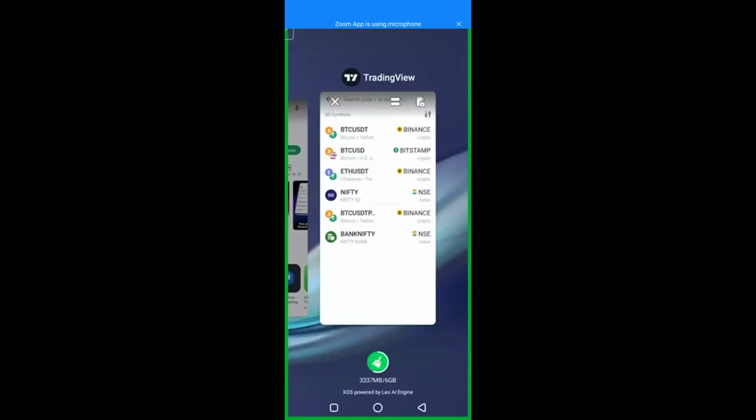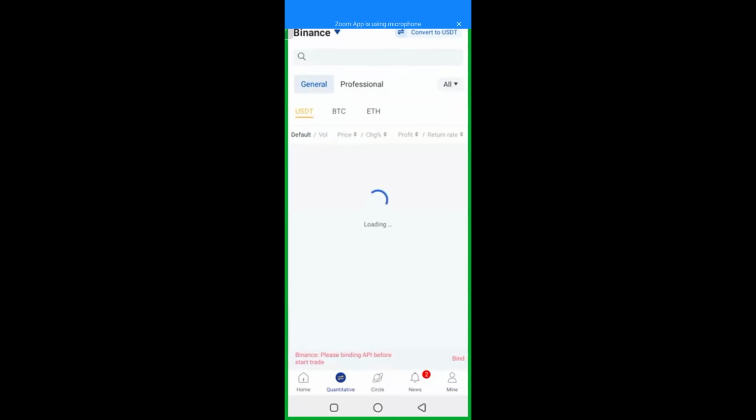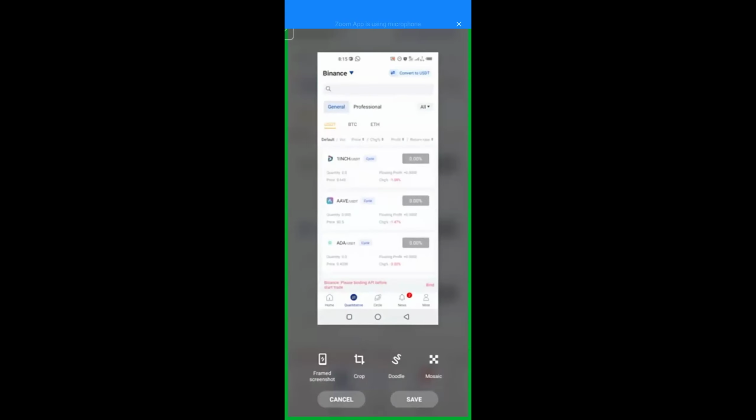So you tap on plus, and where do you get the symbols you add? Minimize your screen, then you come to your Royal Q application, to an area called quantitative. I hope you can see. I will do my best.